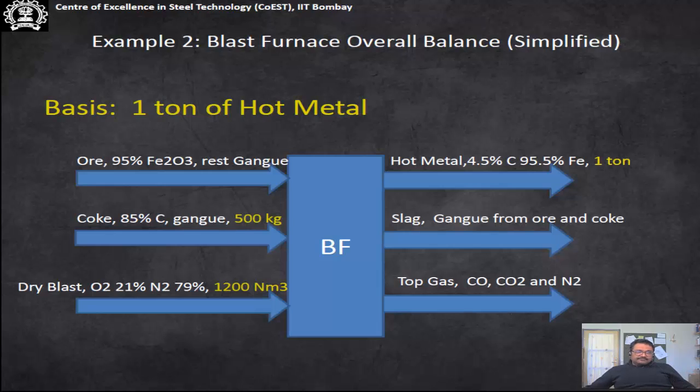Because the volume of gases keeps changing with temperature and pressure, normal stands for standard temperature and pressure, that's why N is used, meter cube. So that specifies the amount of gas in volume at standard condition. We need to find out the other missing things using the material balance. In our material balance, we already saw that material balance is like counting apples and oranges.